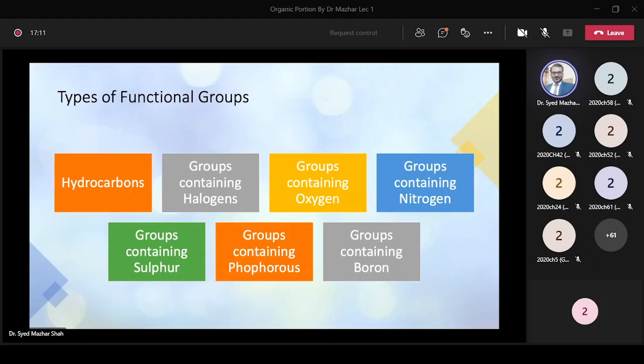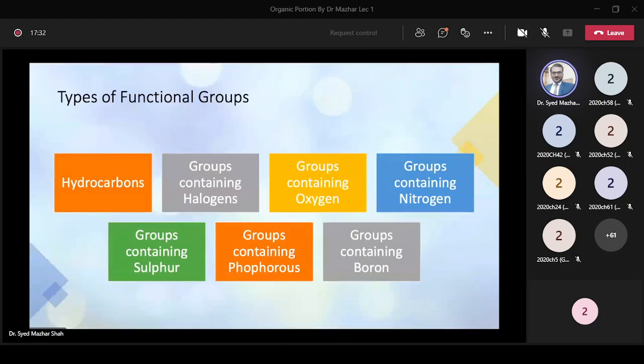Then most of you told about the carbonyl group, C double bond O, and that also has two different subclassifications, aldehydes and ketones. Then there is the carboxylic group, COOH, carboxylic acid. Then we have esters and ethers.